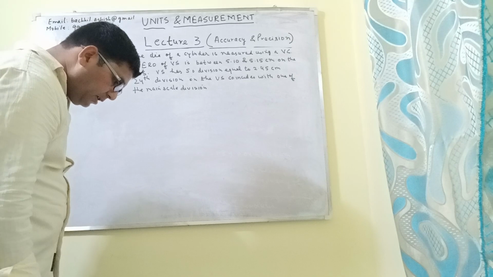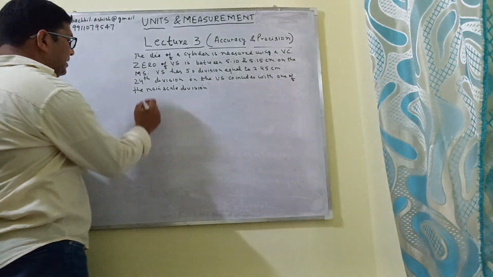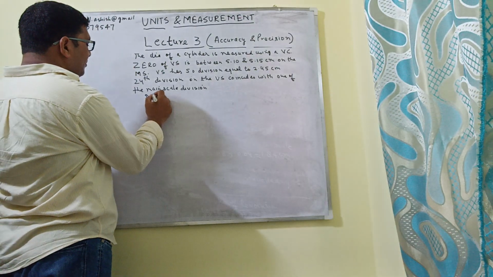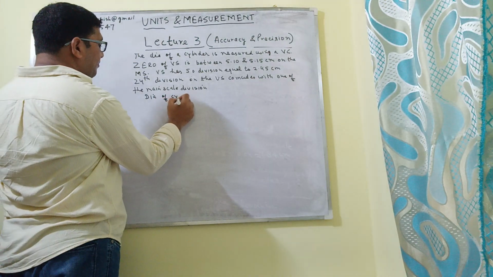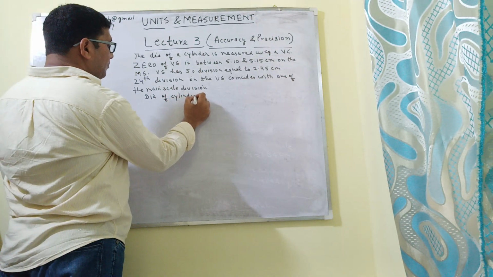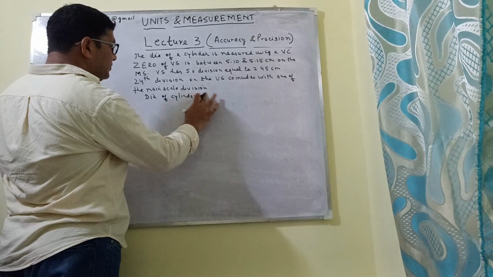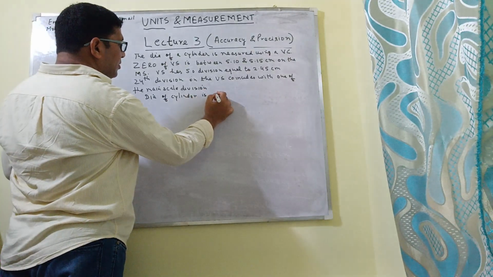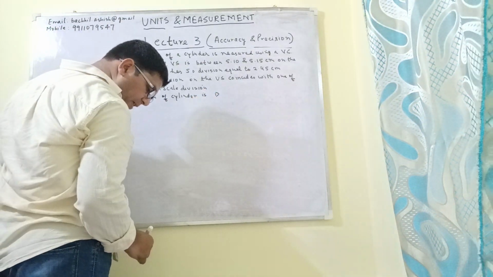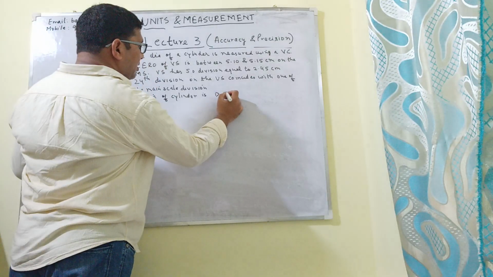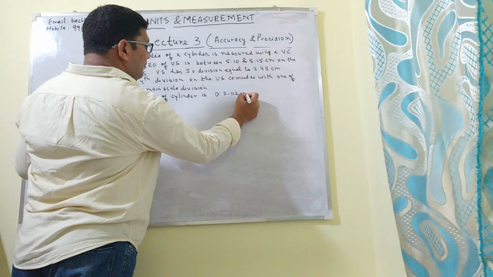So find the diameter of the cylinder. Dia of cylinder is equal to... option दिए हुए हैं इसमें 5.11 to 5.12 centimeter.